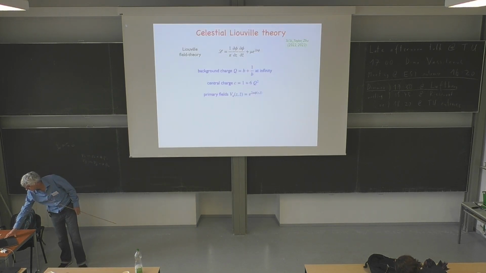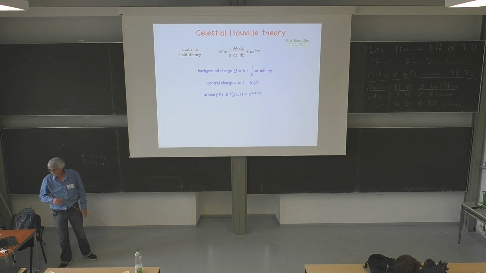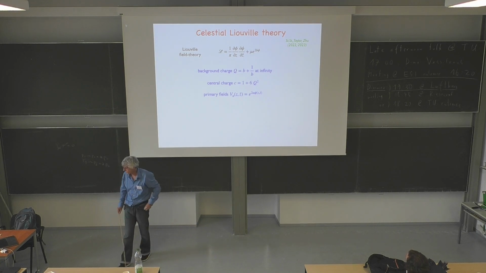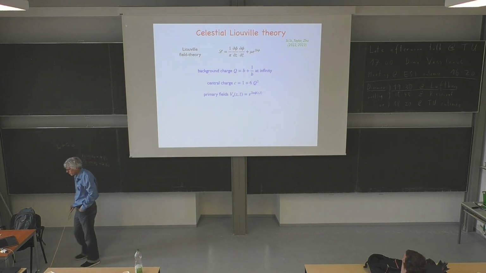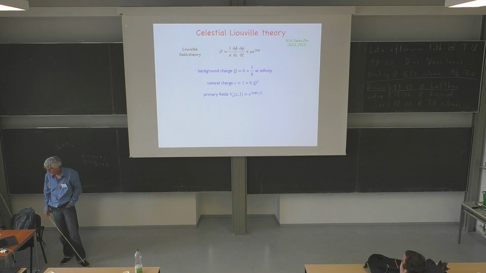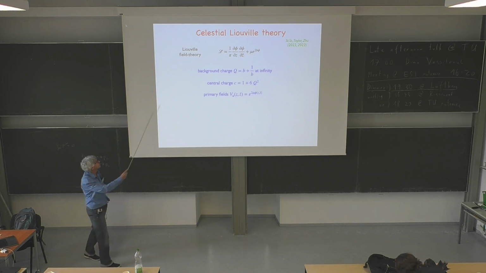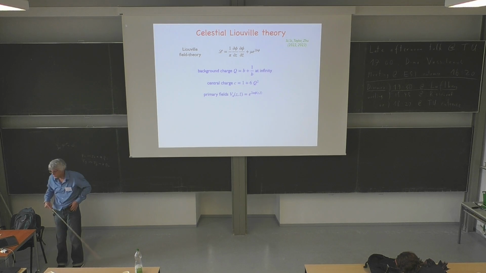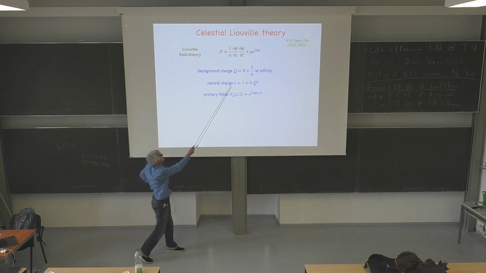Let me briefly introduce Liouville theory in 1.5 slides. We consider Liouville theory. We have a field phi and a Lagrangian, and there we have a background charge which can be parameterized in terms of this b.